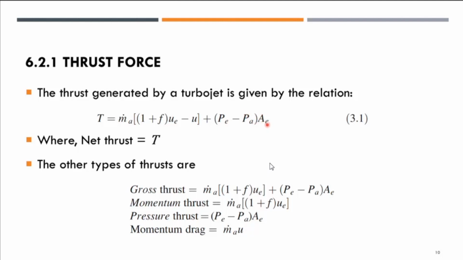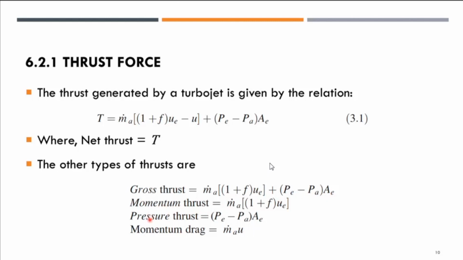of the exit nozzle. The other type of thrust can be computed, such as the gross thrust. So this is the gross thrust that you are seeing here: m dot a times (1 plus f) times ue, plus the difference PE minus PA times AE, the exit area.